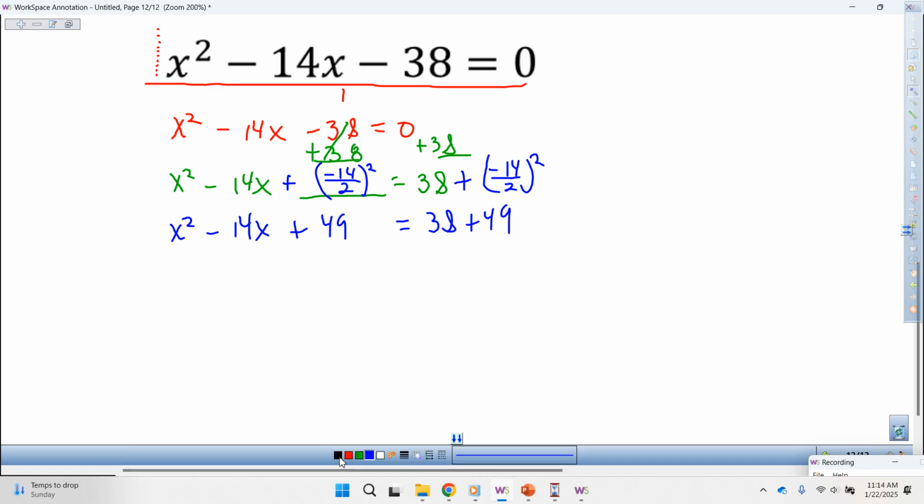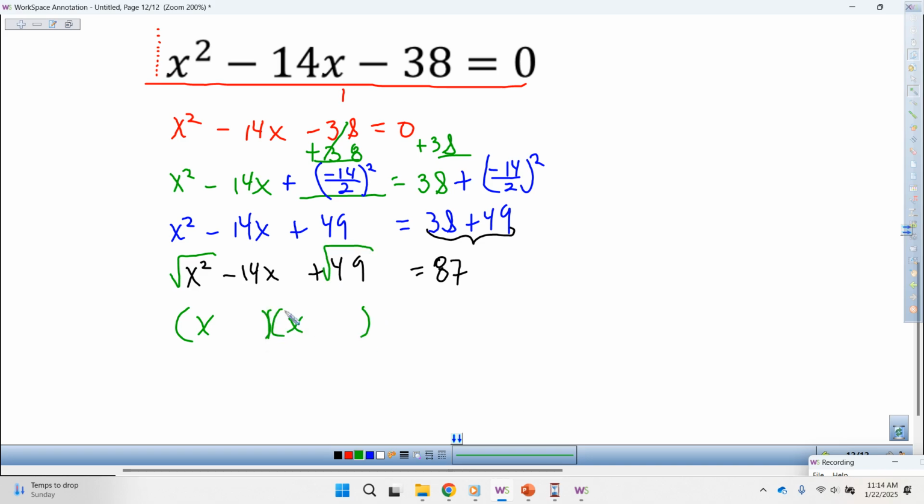Can I simplify the right side? Yes. What is 49 plus 38? That's 87. Bring everything else down. x squared minus 14x plus 49. How are we doing? Good? Next, step 5, factor. Can I factor this trinomial using the shortcut? Yes, Mr. Q. Square root of x squared is x times x.